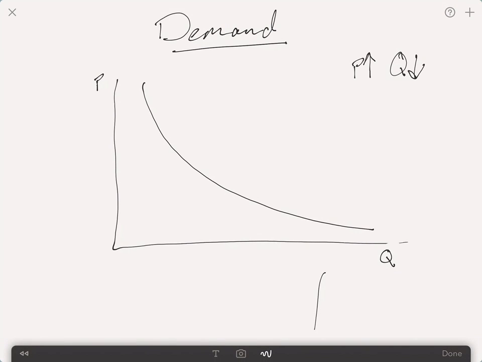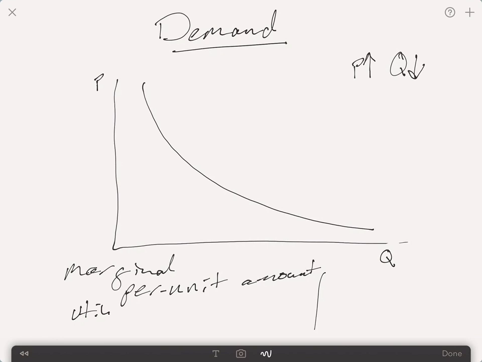So marginal just means the per unit. It's a per unit amount. So the amount of utility is just a measure of satisfaction that we get from a good or service.